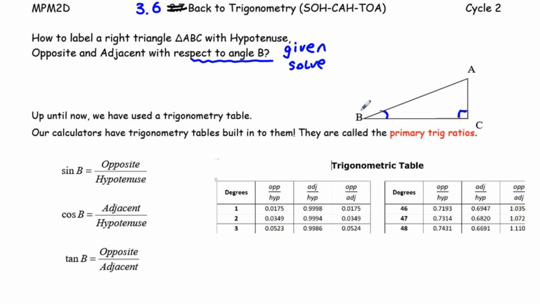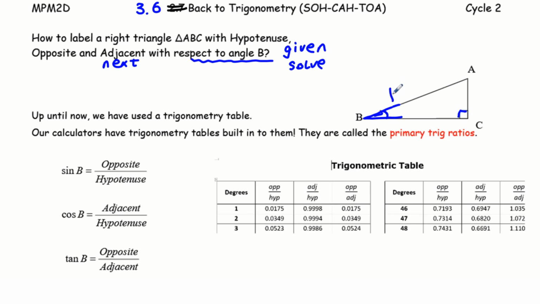So we pick angle B. Based on angle B, the angle has two arms, AB and BC. These two arms are adjacent sides. Adjacent means next to that angle. Next to this angle there are two adjacent sides, but one side is longer and opposite 90 degrees.